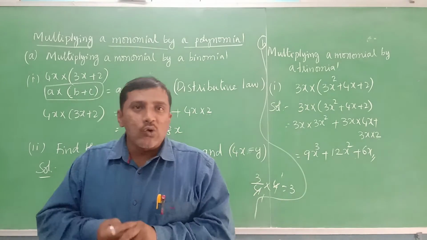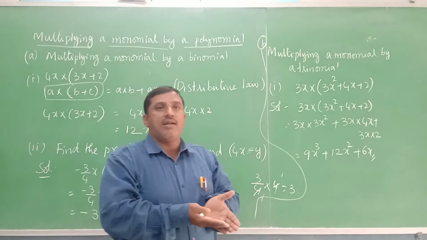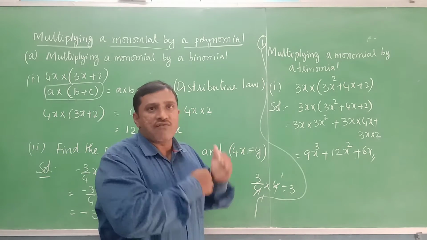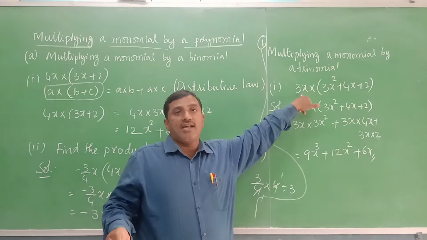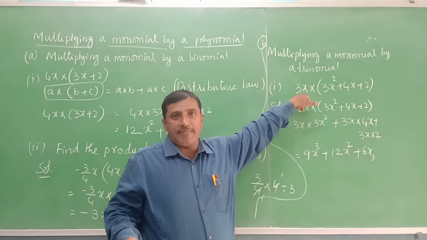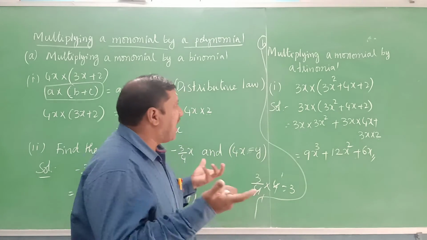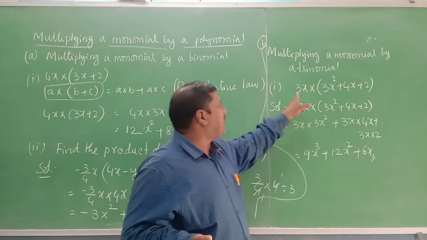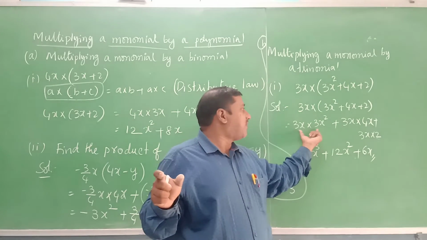So what we conclude from this, whether it is a binomial or trinomial or even more, each and every term of a binomial or a trinomial etc. is multiplied by the monomial, by using the distributive property. Even if you see here, we are multiplying 3x with 3x square, it is multiplication of two monomials.